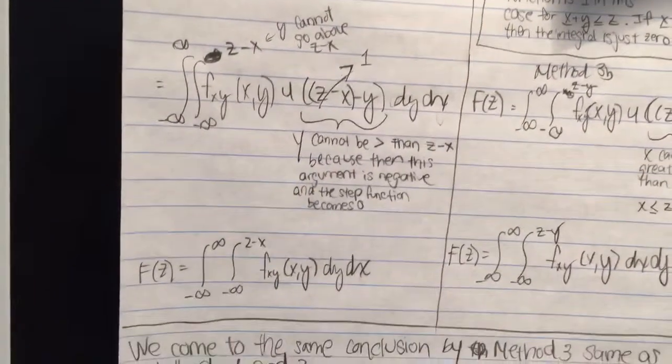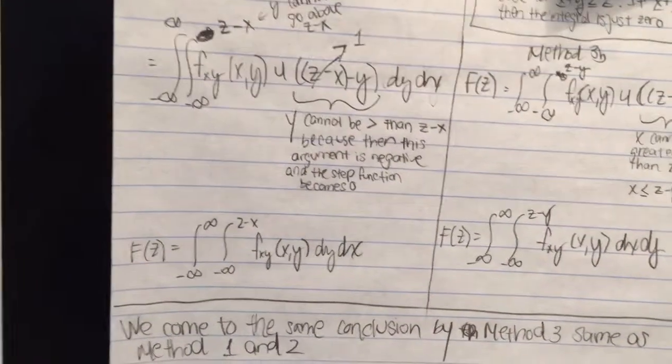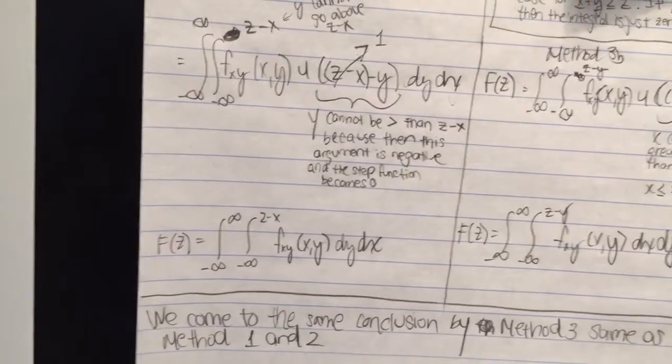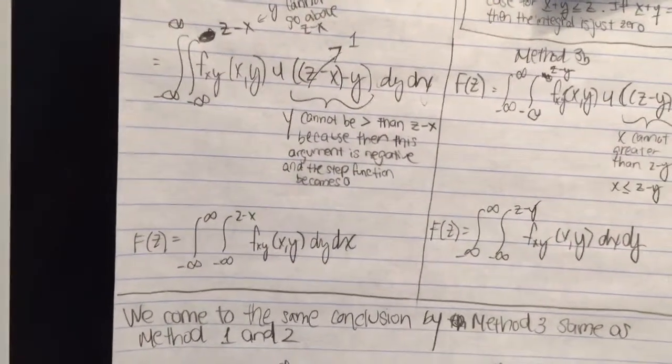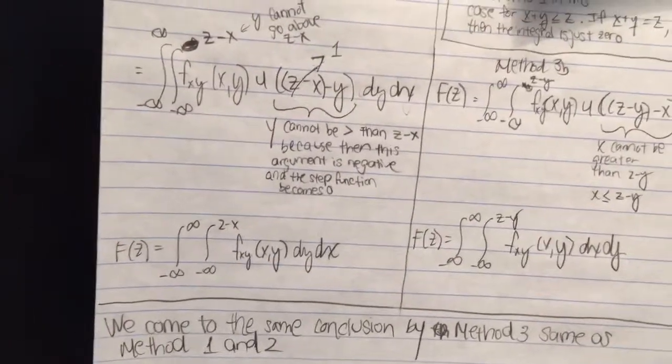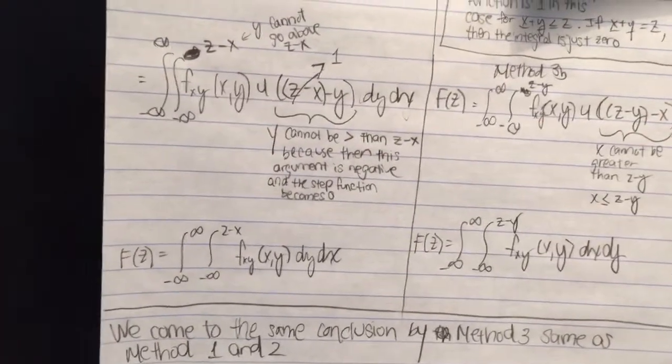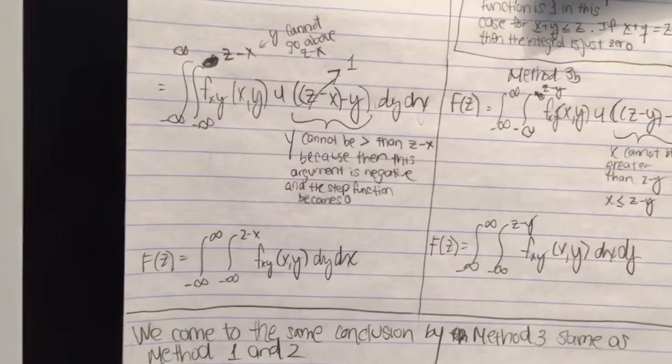But the upper bound of the inside integral, from negative infinity to z minus x of f of x comma y dy, is actually z minus x because, like I said, y cannot be more than z minus x, okay?